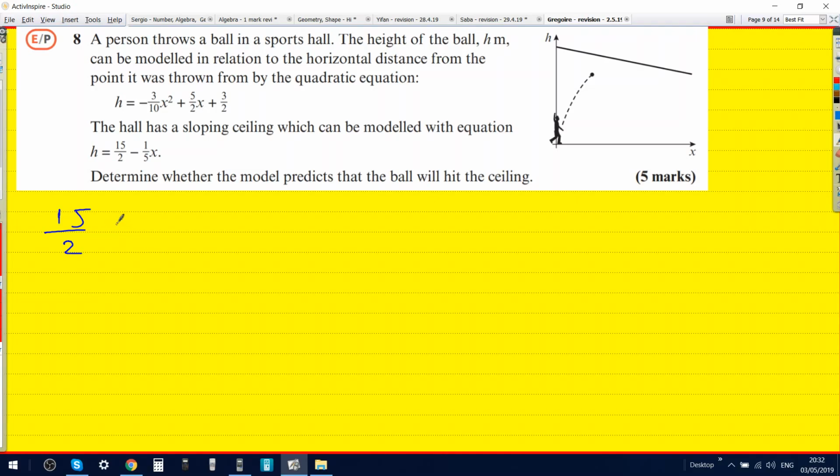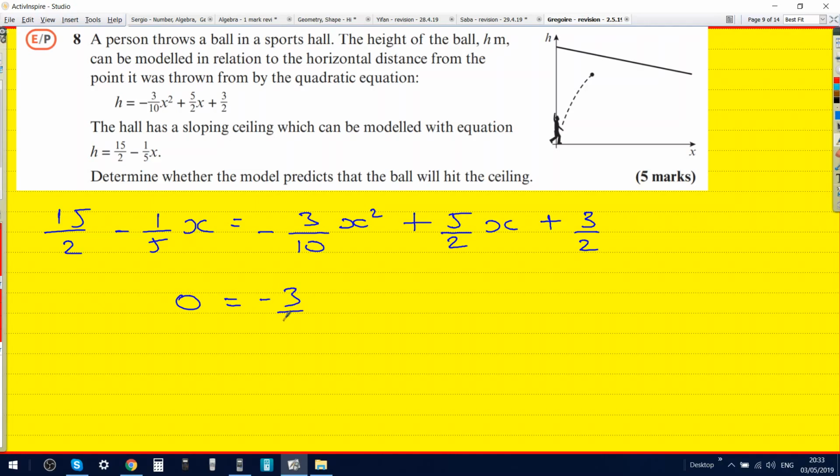All right, so put it in, see what you get. I get 5 and 4 as my answers. Yep, meaning it does hit.